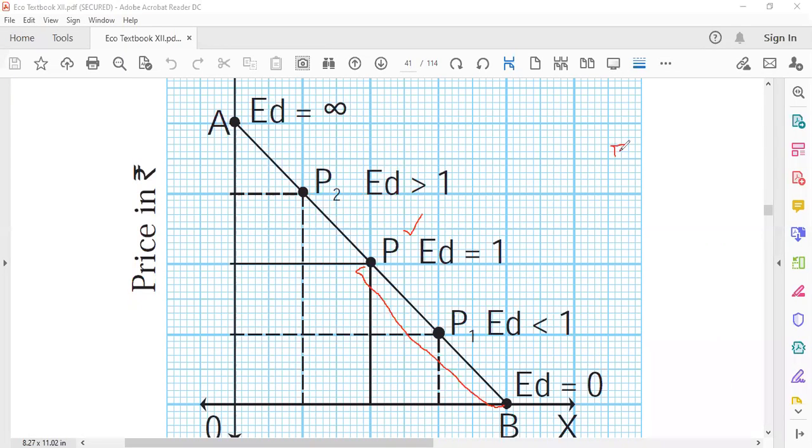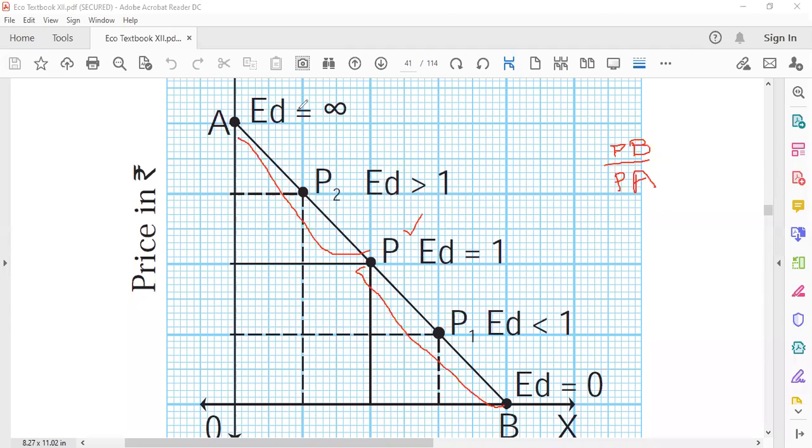Okay, so PB is the lower segment of the demand curve. And what is the upper segment of the demand curve? That is AP, or we can say PA is the upper segment of the demand curve.